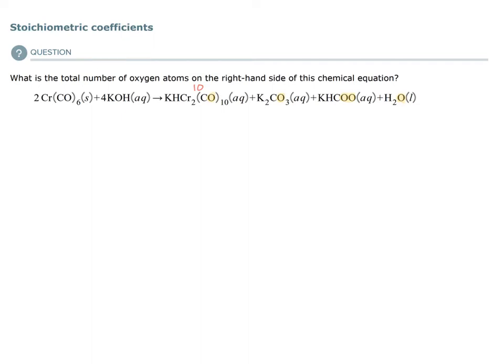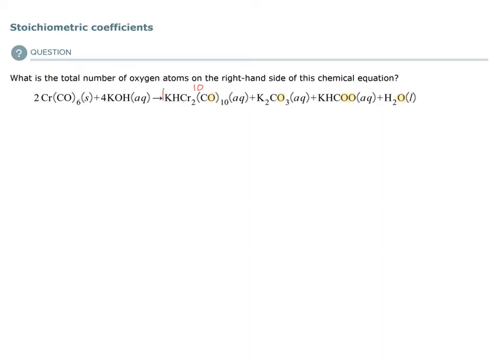Now, before we move on to the next product, to find the total number of oxygen atoms in this one particular substance, you always have to multiply the number of atoms by the stoichiometric coefficient. What is the stoichiometric coefficient for this substance? There's a 1 here.